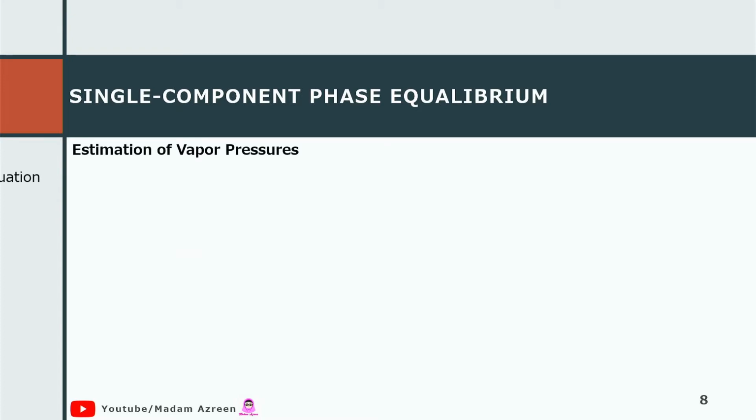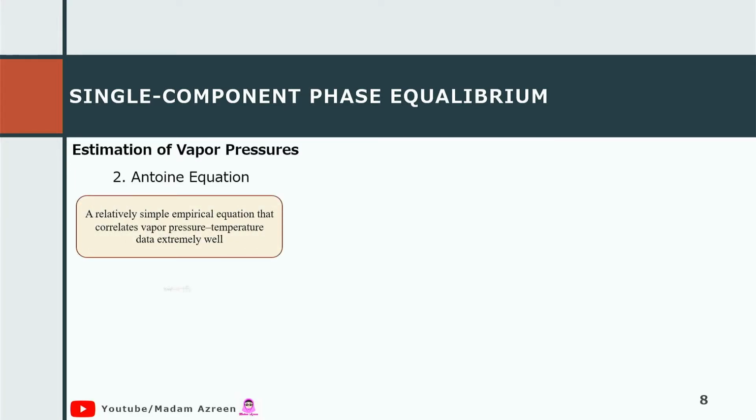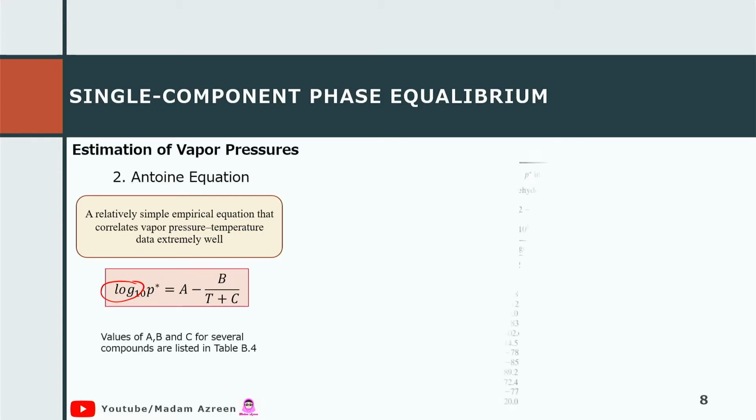The second equation is named the Antoine equation. It's simpler than the previous one, it's not that complicated, just the difference between log and log. It comes with a table.